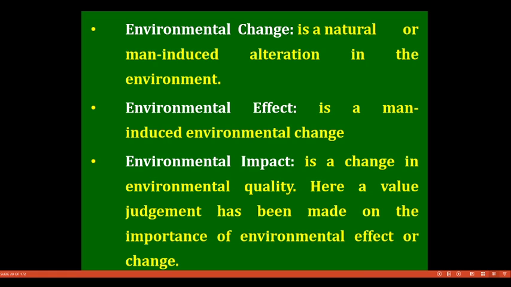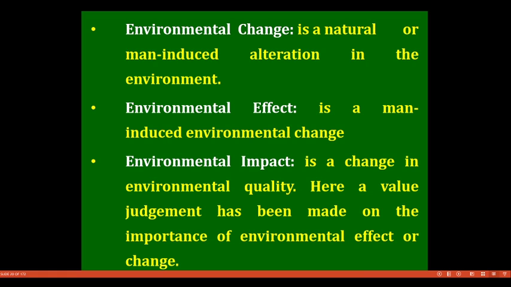Now another advanced one, much better than environmental effect, is environmental impact. When we use the term environmental impact, it's the change in environmental quality due to human activity, but here a quantitative judgment, a value judgment, has been made on the importance of environmental effect. So in this environmental impact, we are quantifying the change in environment.